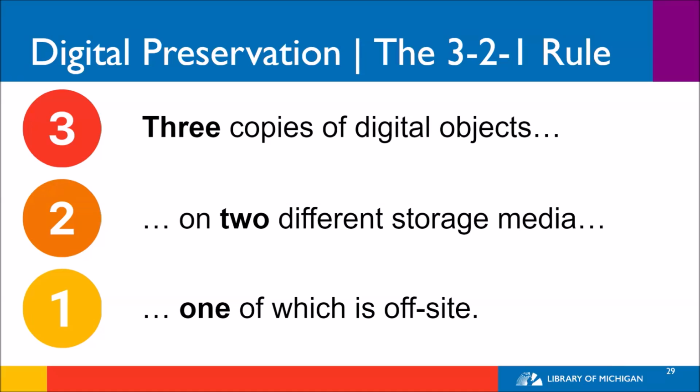That means keeping 3 copies of your files on 2 different storage media, one of which being off-site. So if they have it in the cloud, in a flash drive, and you have one at the library or your organization, then they're all set. They can also easily share it with other people around the country to have that geographic distribution.